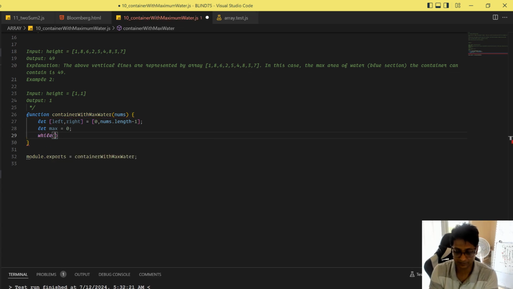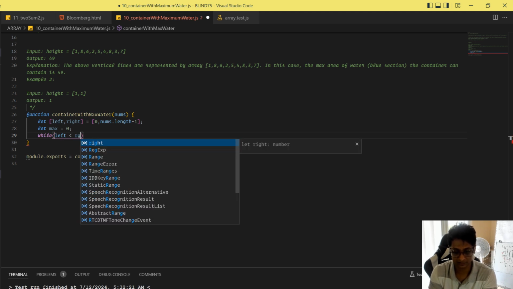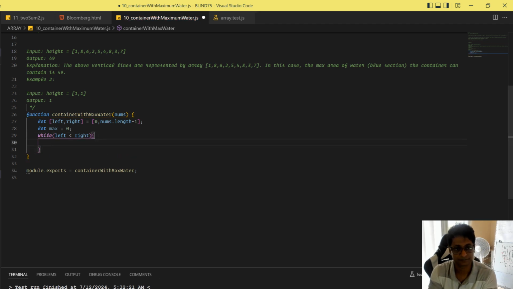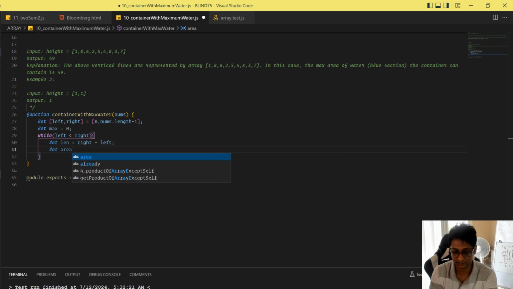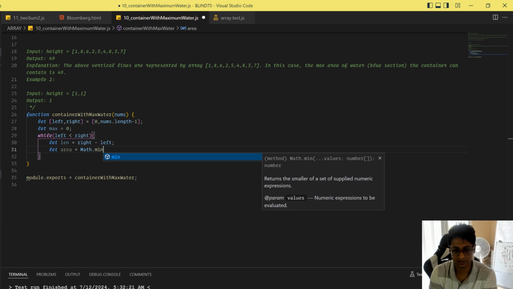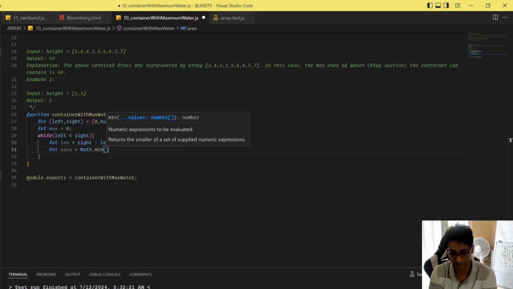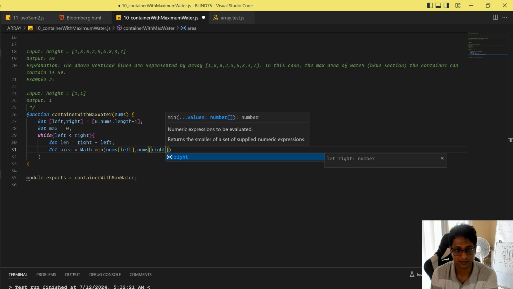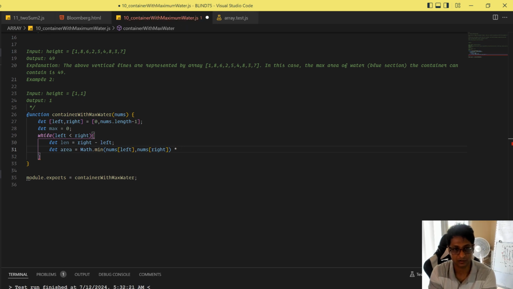Now while left is less than right, let length equal right minus left, and let area equal the smaller one, like Math.min of nums of left and nums of right, into our length.